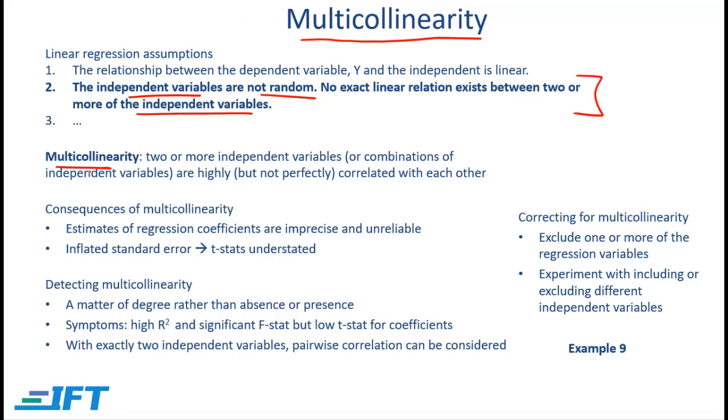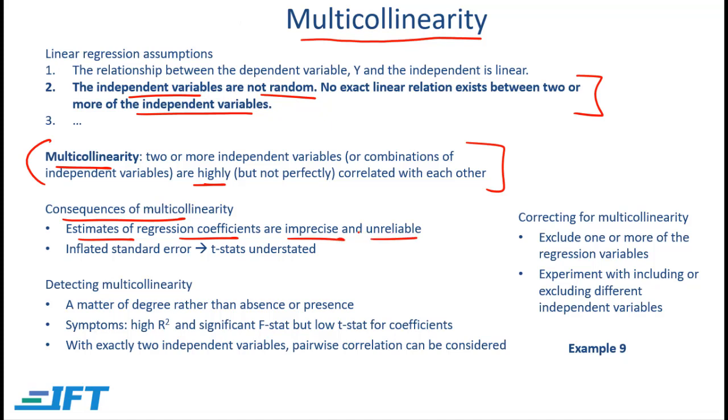So with multicollinearity, two or more independent variables or combinations of independent variables are highly but not perfectly correlated with each other. So remember this definition of multicollinearity. The consequences of multicollinearity are that estimates of regression coefficients are imprecise and unreliable.